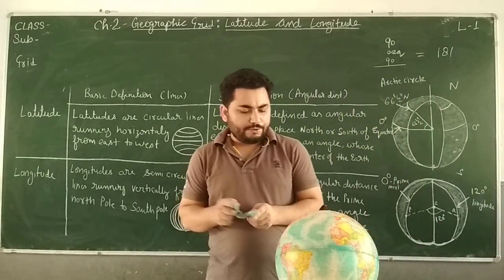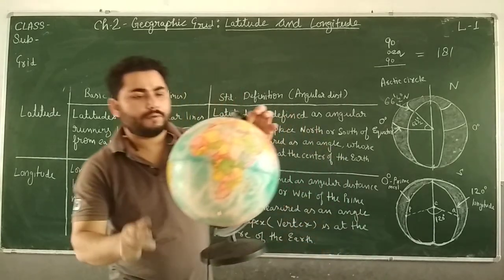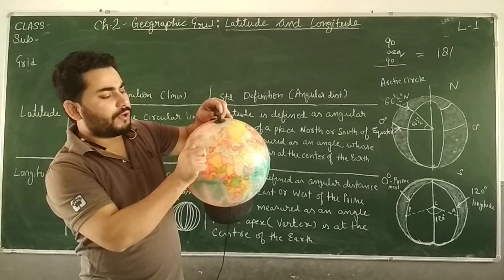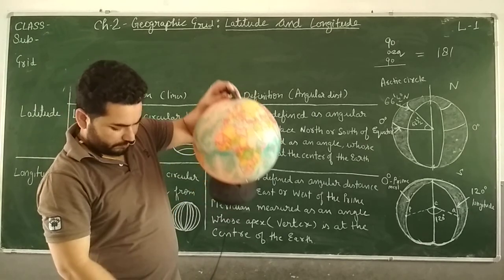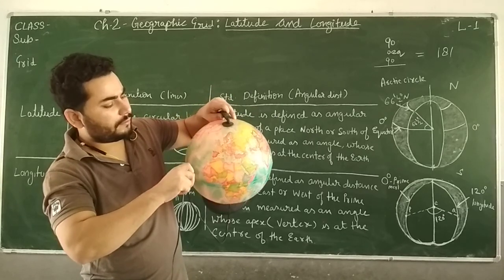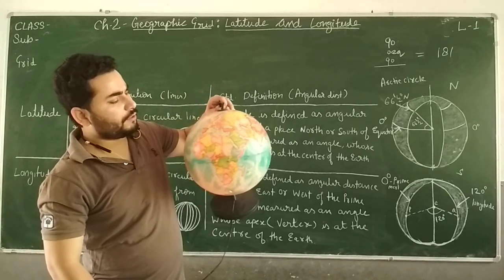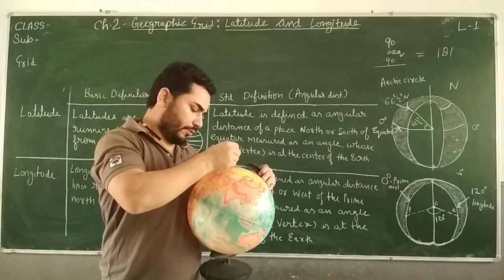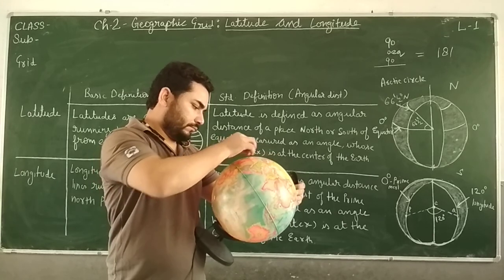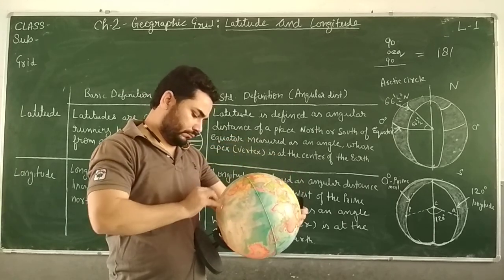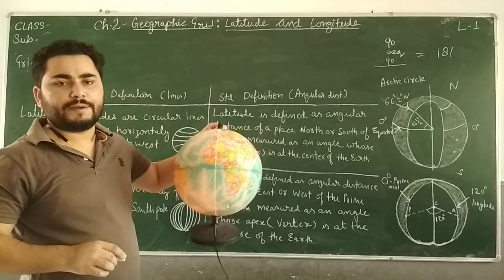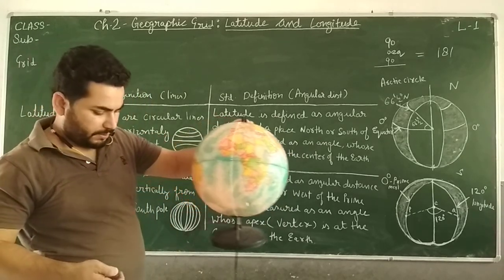Here on the globe, let me tell you, this is London. The line which is running from here, I am drawing it for you. This line I have drawn is 0 degree, the prime meridian.